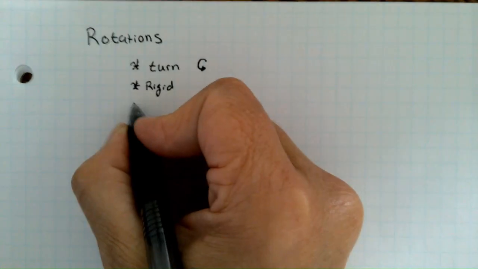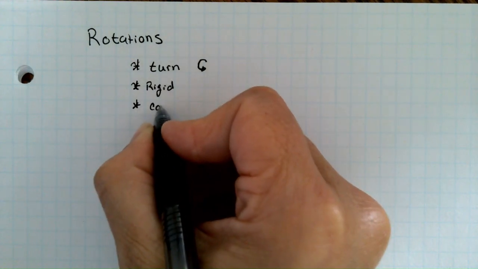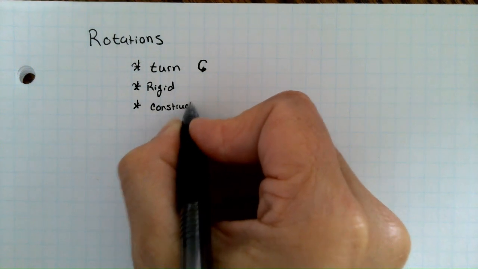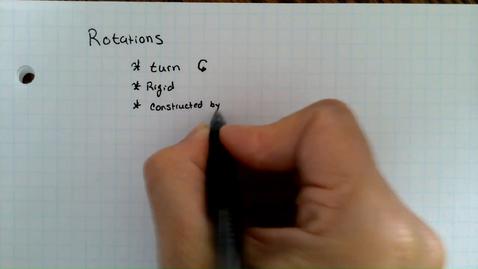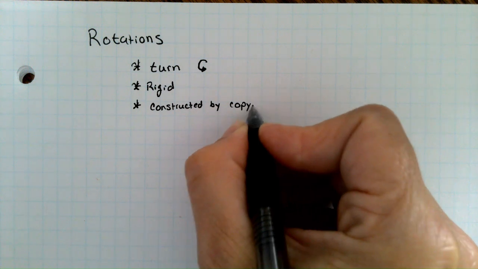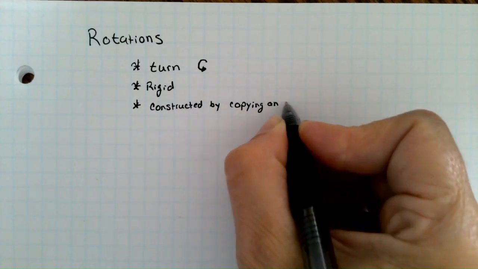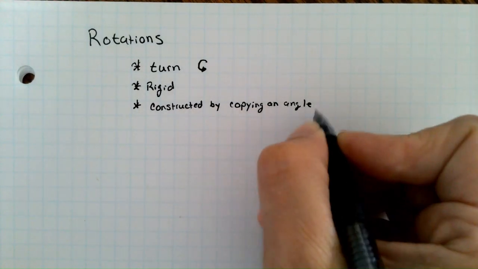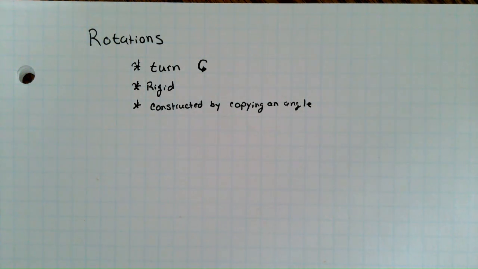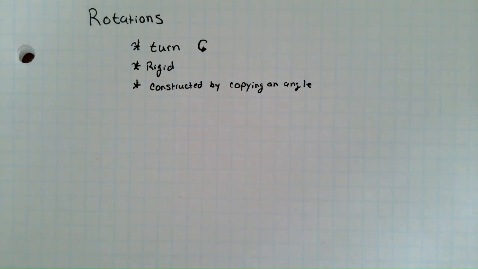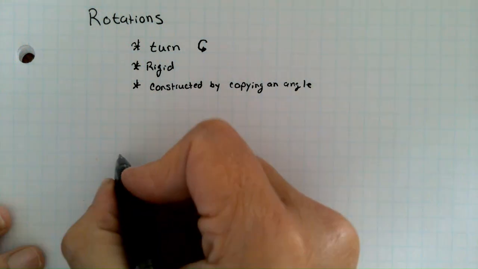And technically it is constructed by copying an angle. Okay, so what's going to happen is you're going to have triangle ABC.